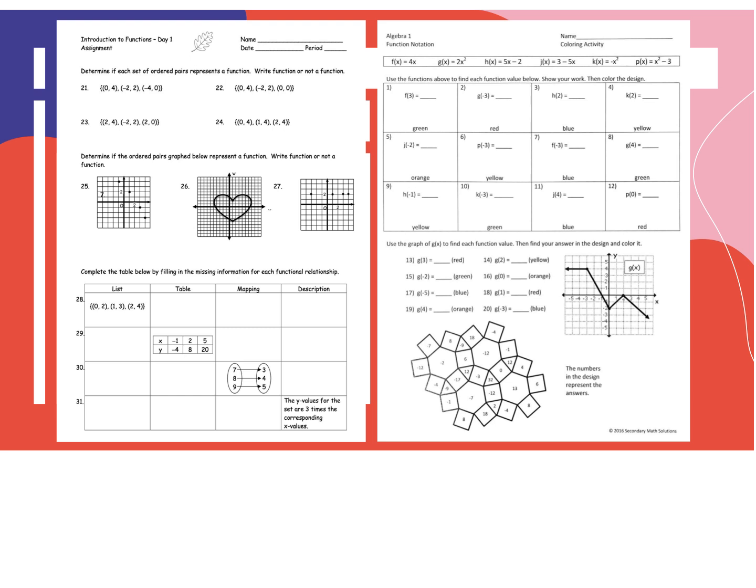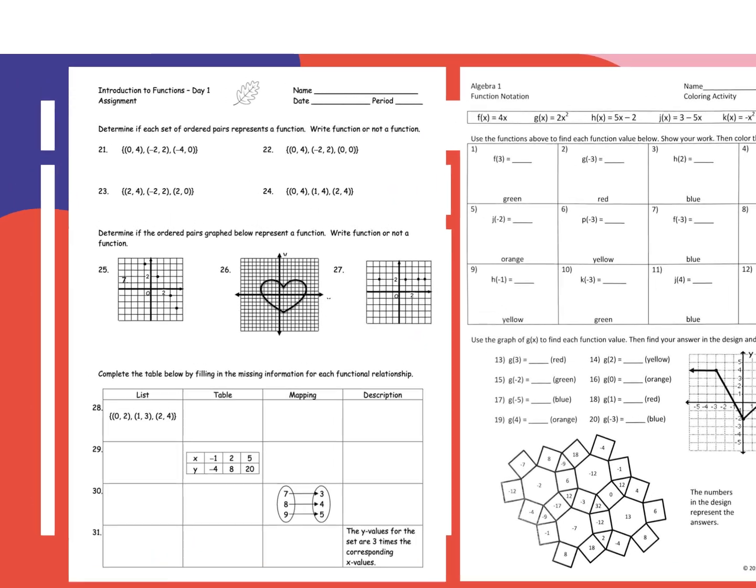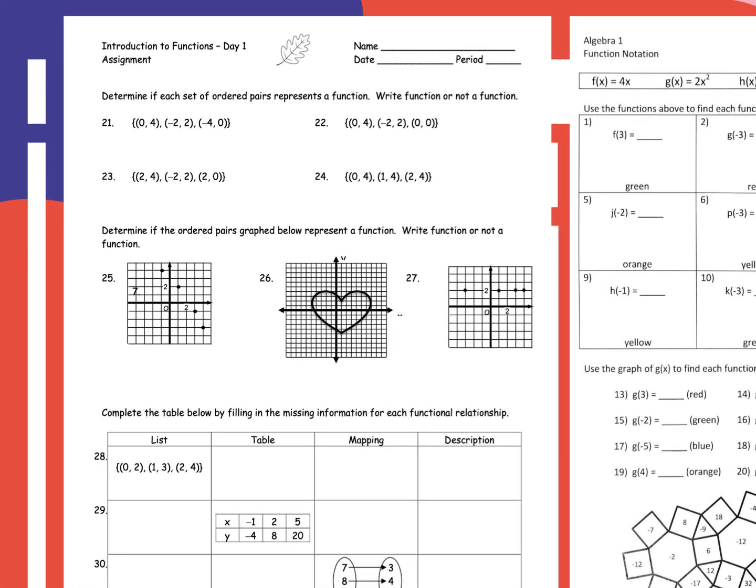So now what you need to do, I have 2 practice papers for you, a front and a back. The back is plugging into the equations. The front with the leaf right here, is it a function? If it is a function or not, remember, a function has no repeat x's.